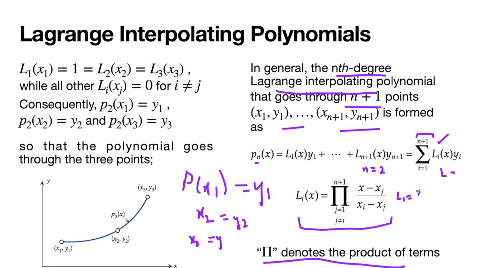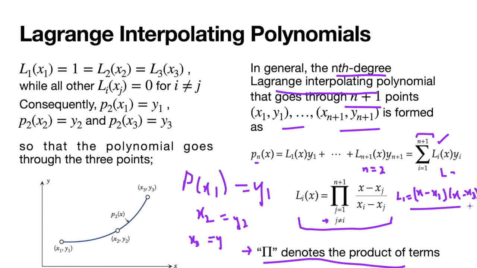So it will not be equal to 1, because j and i could not be equal. Okay? So x minus x2, multiplied, because this is the sign here visualized as pi, so in the next term it will be 3, so x minus x3.